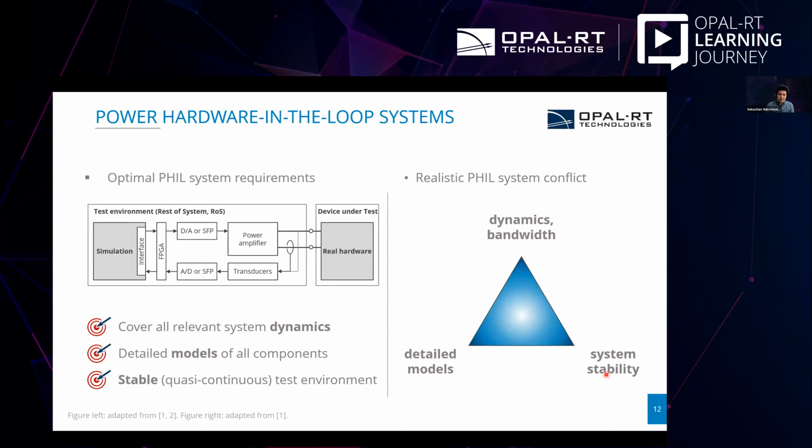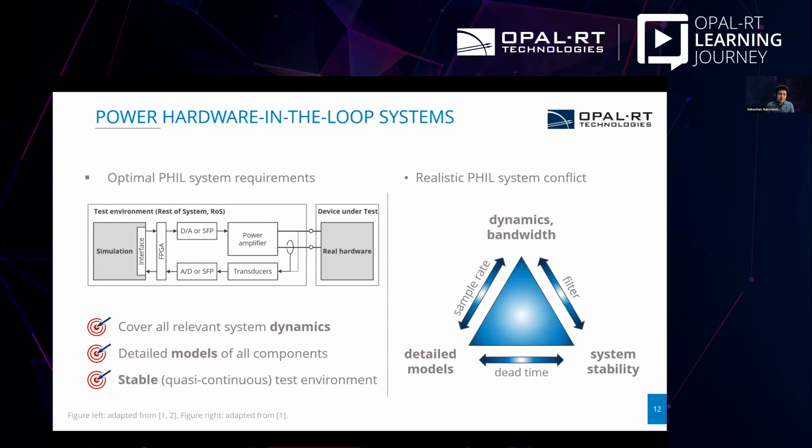And lastly, we want to have a stable system where the dead times in the system are actually a crucial topic. So again, we need to reduce discretization step size as good as possible. And here the loop finally closes. In order to stabilize the overall system, we need to damp it, which again limits our dynamics and bandwidth. So we can see for realistic test beds, we need to compromise between those three characteristics given on the right.